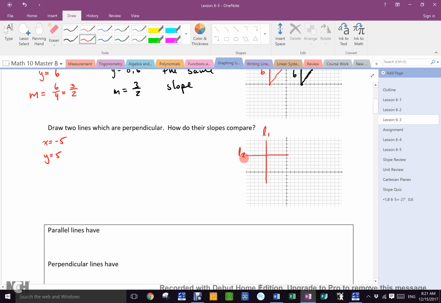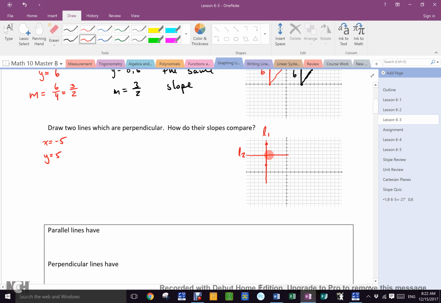Now, I know that you already know that line 1 has an undefined slope, doesn't it? Because it's vertical. But I need you guys to actually write the slope out as rise over run. So, choose any 2 points and tell me what the rise is.